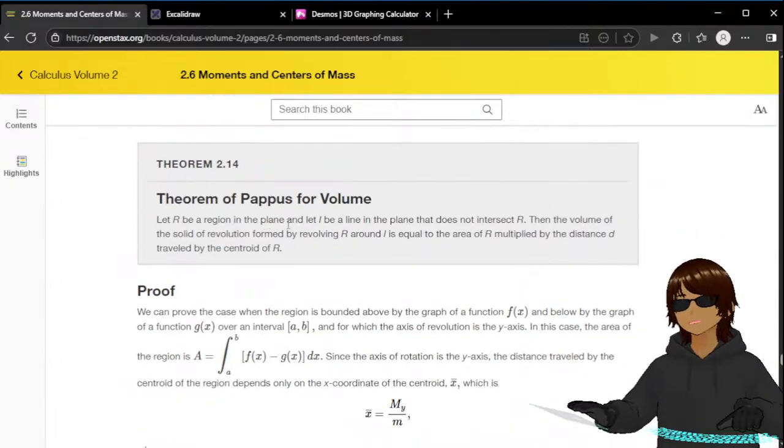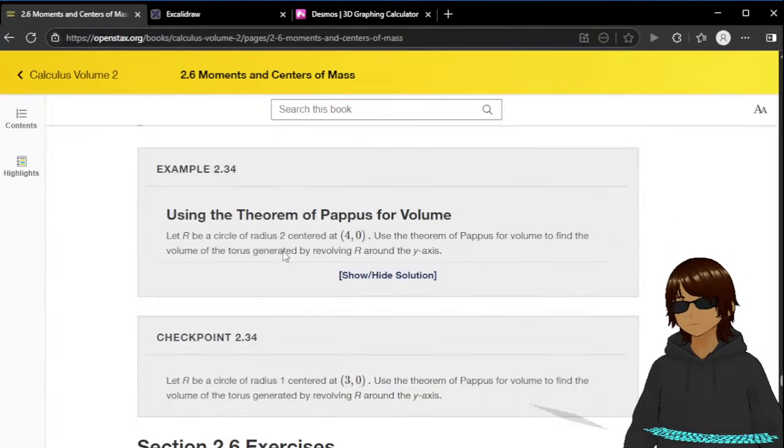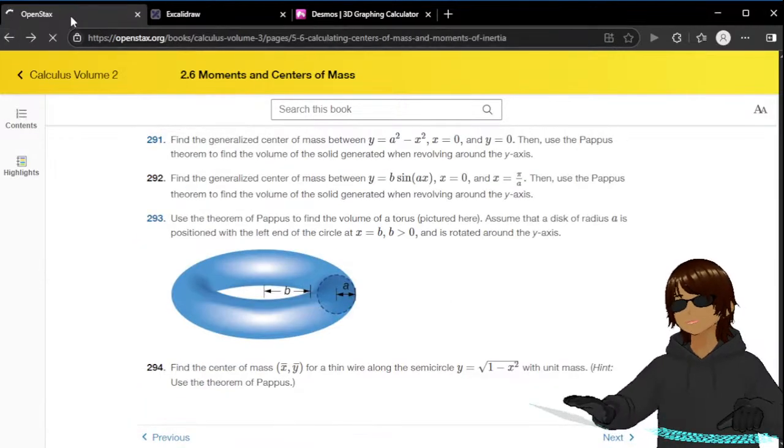Let R be a region in the plane and let L be a line in the plane that does not intersect R. Then the volume of the solid of revolution formed by revolving R around L is equal to the area of R multiplied by the distance d traveled by the centroid of R. Okay, let's just go to the previous chapter.